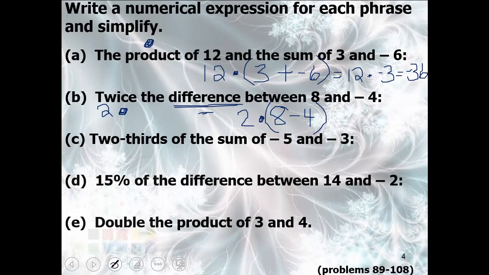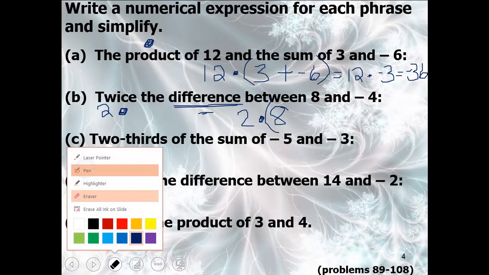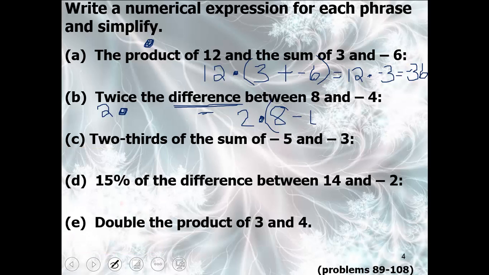Hold on one second here, I need to erase that. 8 minus a negative 4 is really add the opposite, 8 plus 4. So I get 2 times 12, which equals 24.